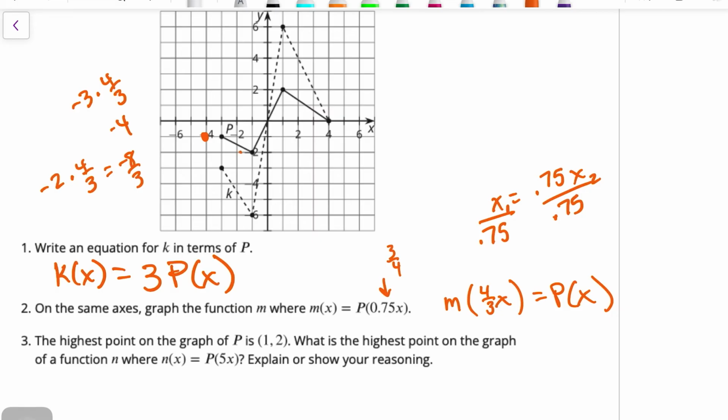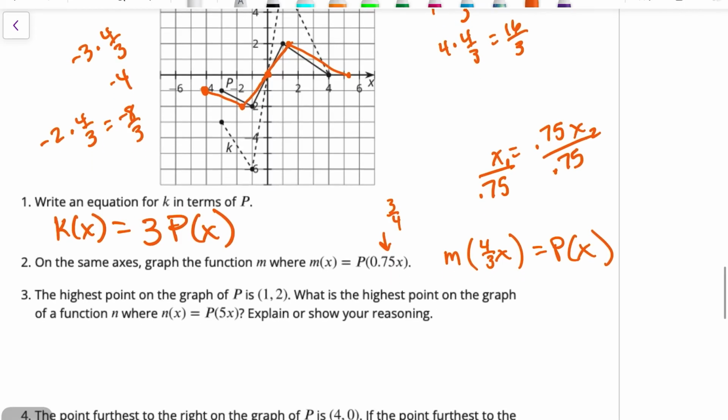So that's going to be about there. 0 stays the same. This one is 1 times 4/3, so that becomes 1 1/3. And then the 4 becomes 16/3, which is about 5 1/3. So that comes right about there. And so then we just connect. So you can see that it's gotten stretched out a little bit by a factor of 4/3.